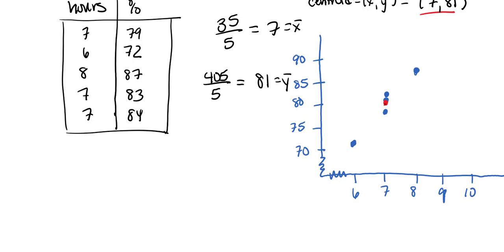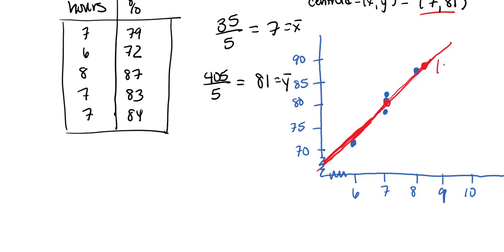Now we're going to draw a line so that it crosses 7 and 81. And then let's go up and say it crosses right here, and I would say that is 88.